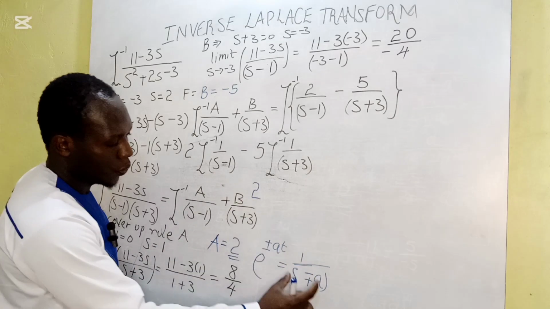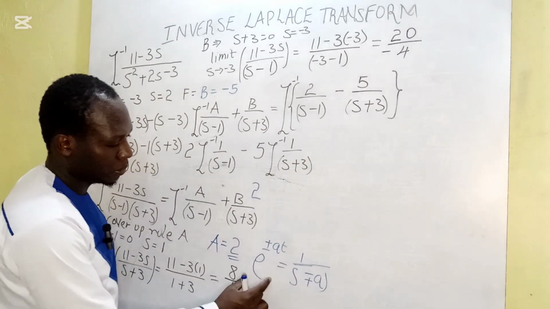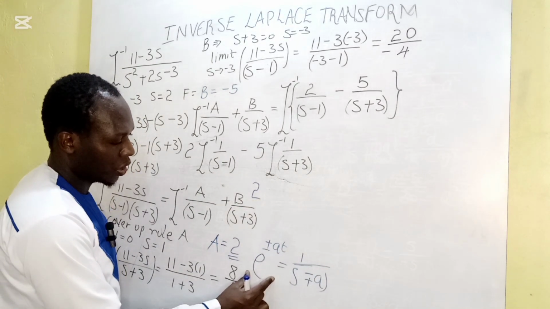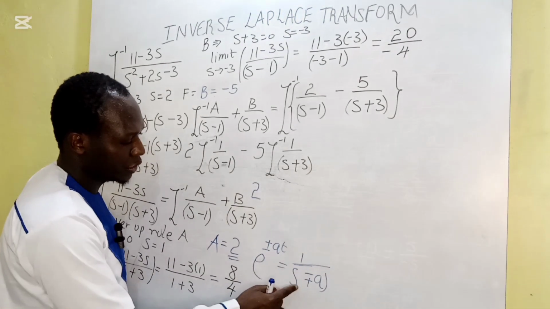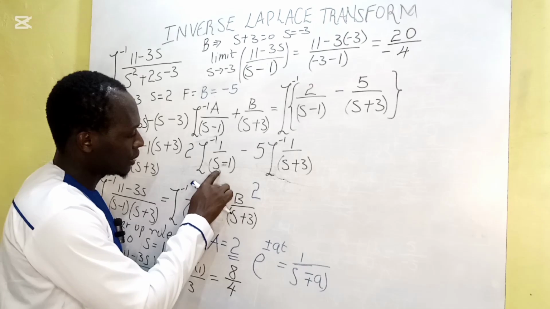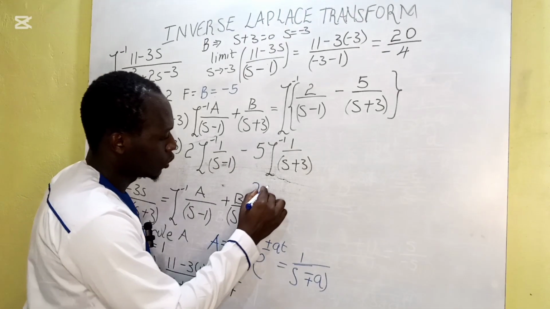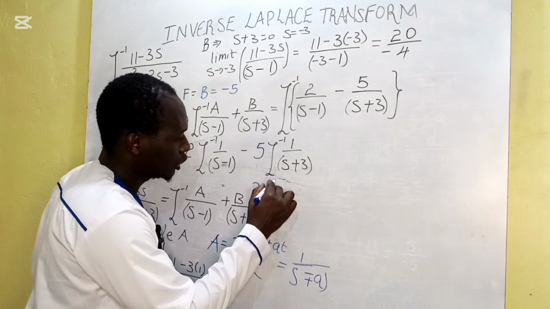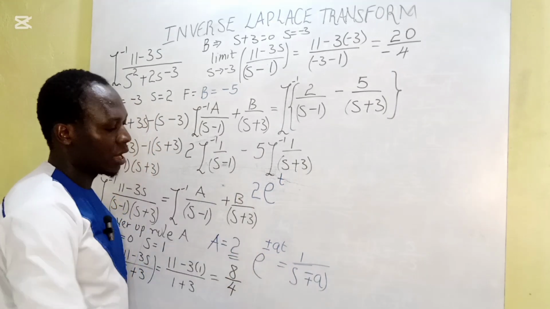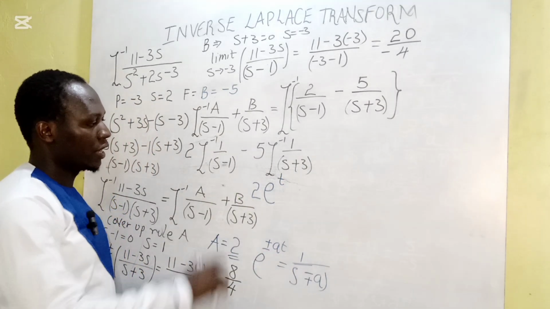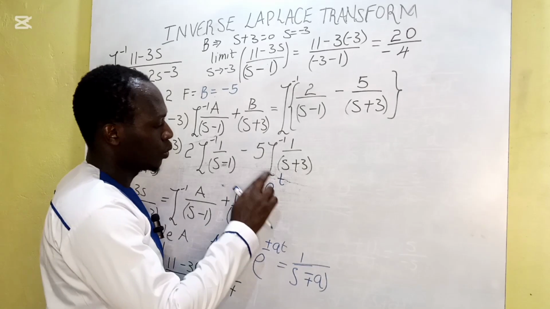Here now, we are moving from this point back to our answer. On the denominator, we are having s minus 1, to mean that we are going to have exponential t, because when it is a negative here, we are having a positive of a, and our a is equal to 1t.